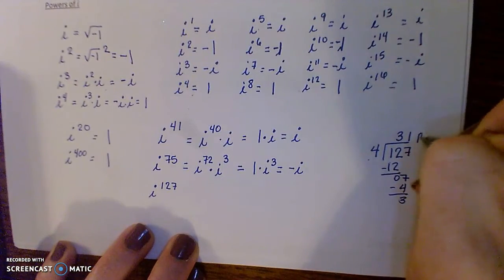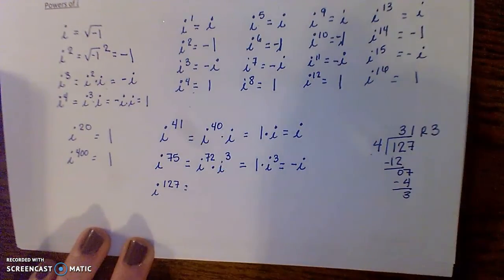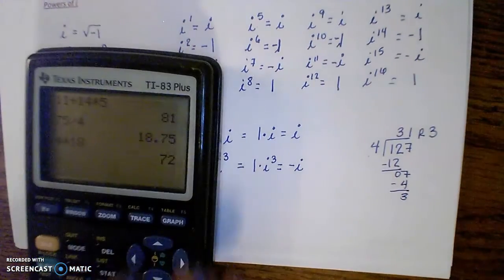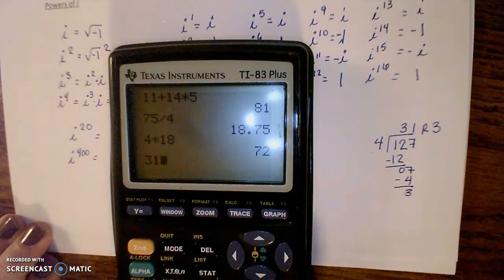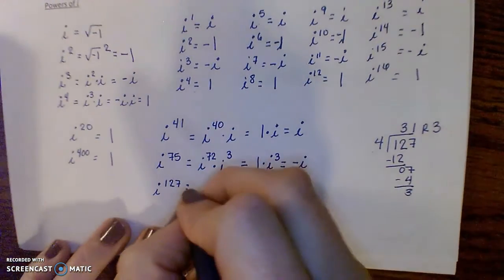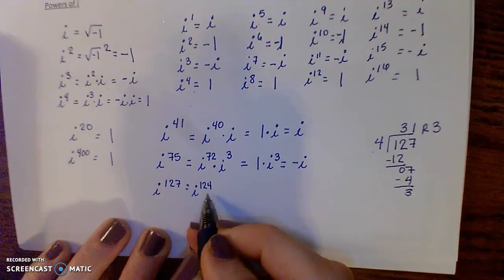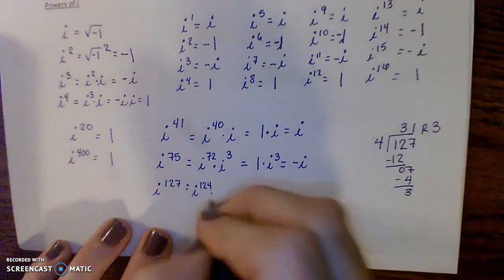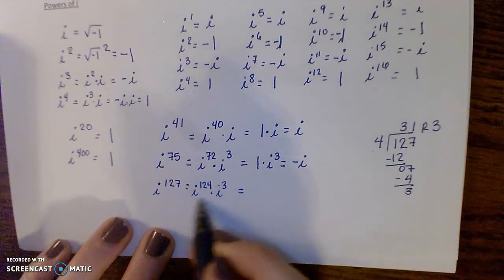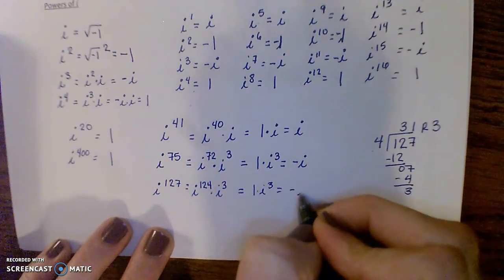Subtract, you get a remainder of 3. So this will be like i to the power, what was it? 31 times 4 is 124. So it's like i to the power 124, which is a multiple of 4, times i to the power of the remainder, 3. This is 1, times i cubed, which will be negative i.